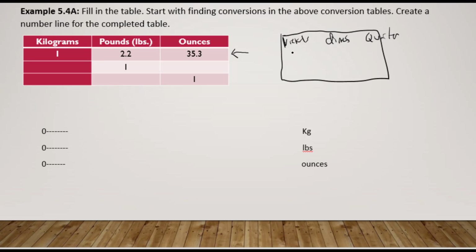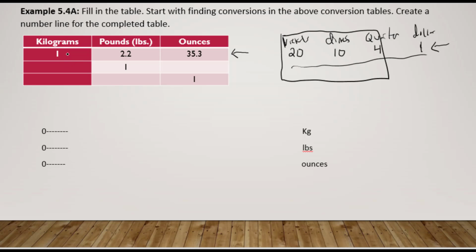So if I have 20 nickels, that's the same as 10 dimes, which is the same as 4 quarters. And I could even put dollars here, which would be the same as $1. So looking across a row, these are all equivalencies. In other words, they're the same underlying number with just different units.